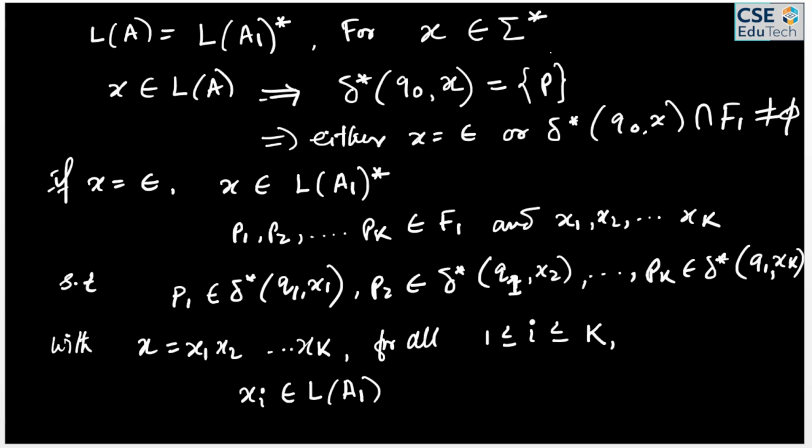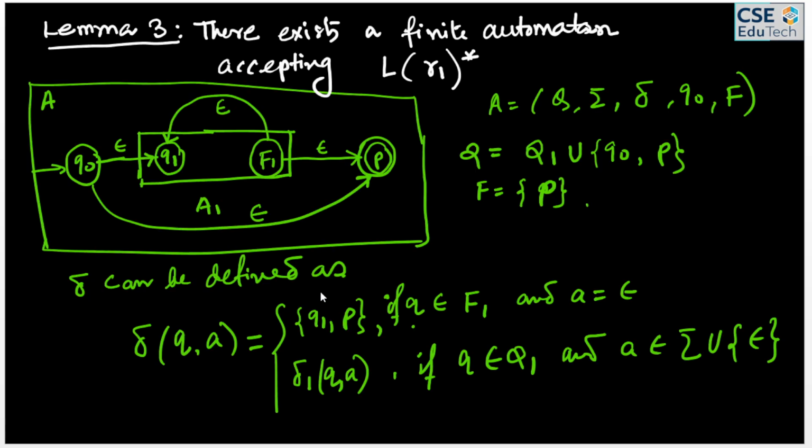Suppose our diagram is this. F1 is the accepting state set for automaton A1. From q1, after processing x1, you may go to some state, which we assume is P1, belonging to F1.